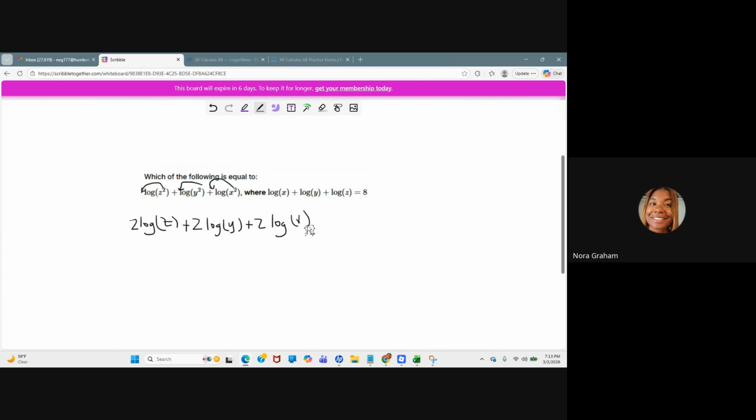Notice I have a coefficient of 2 for all these, so I can pull out my 2, just like factoring it out. I get 2 times log z plus log y plus log x, and that's just because I factored out my 2.